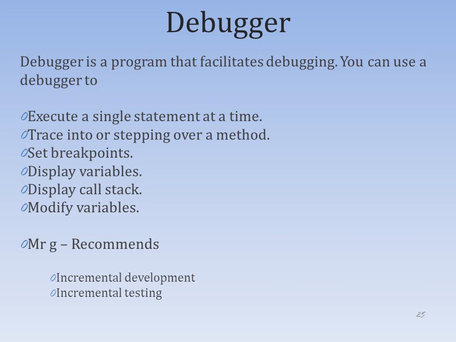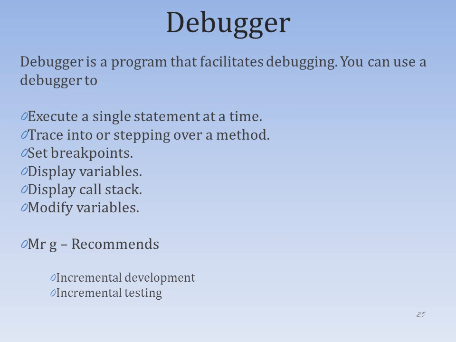A good practice in large programs, right, is this incremental development and incremental testing. Write a small amount of code first, compile it and test it, right? Know what the result should be. Then write a little bit more code, compile it and test it, right?